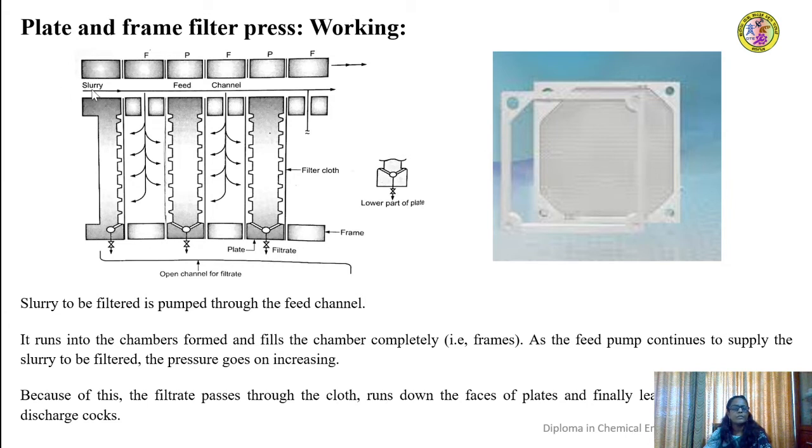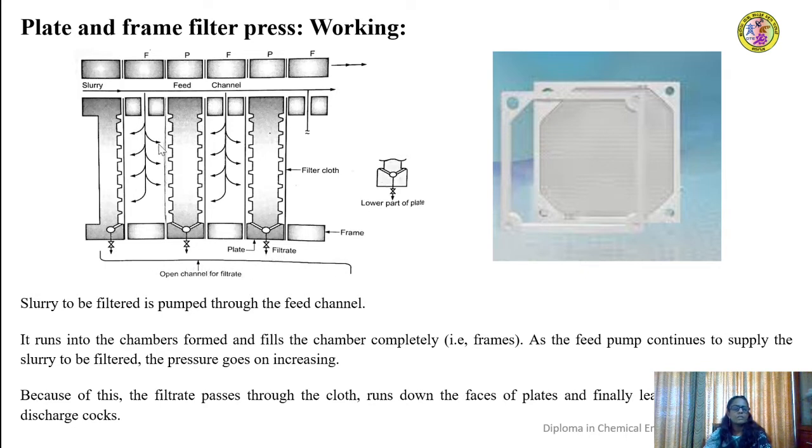And when you continue to pass the slurry by the pump into the press, the pressure is exerted here, due to which the filtrate will flow through the pores in the filter cloth, then flow along the face of each plate, and then it comes out from the bottom cock opening through the channel and then through the discharge cock into an open channel at the bottom, from where it goes out of the filter press.